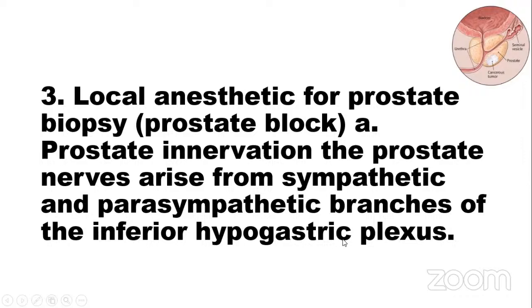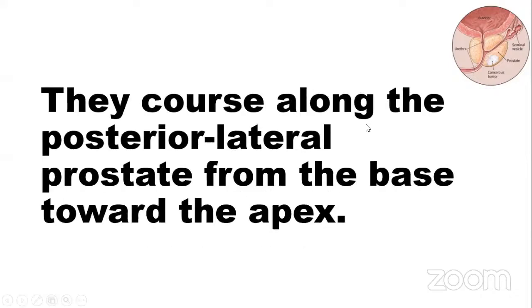The nerve bundles course in the posterolateral neurovascular bundle, in the posterolateral aspect of the prostate, from the base toward the apex, that is, from superior downward.